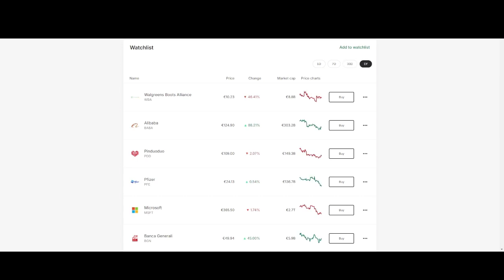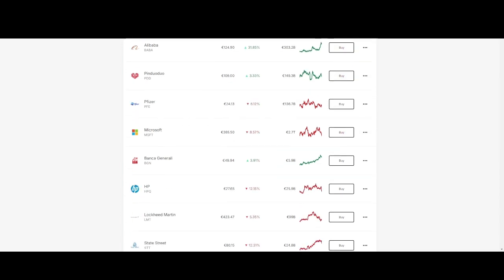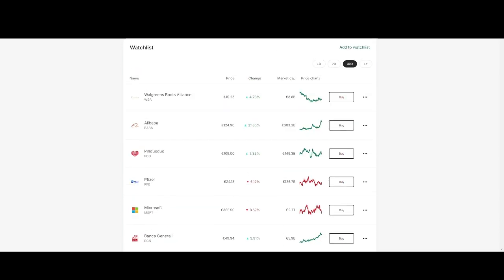In that sense, my broker is pretty flexible. It has some visualization tricks like green when the stock is gaining or red when the stock is losing.